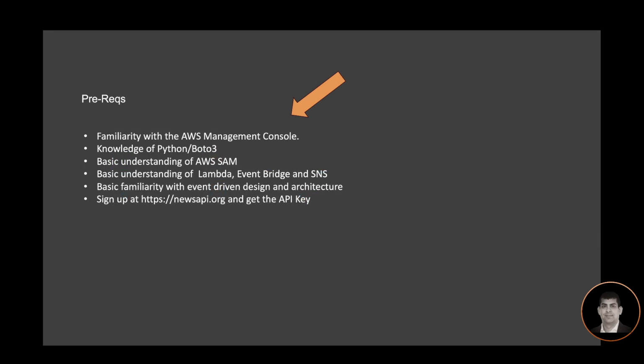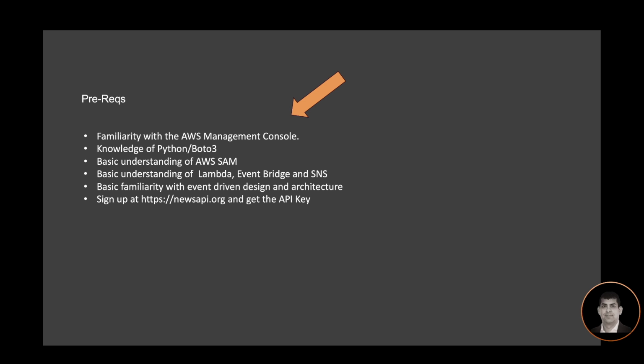For this, you need to have a bit of familiarity with the AWS management console, basic knowledge of Python Boto3, a basic understanding of AWS SAM, and of course a basic understanding of Lambda, EventBridge and SNS, since those are the AWS services I'm using.